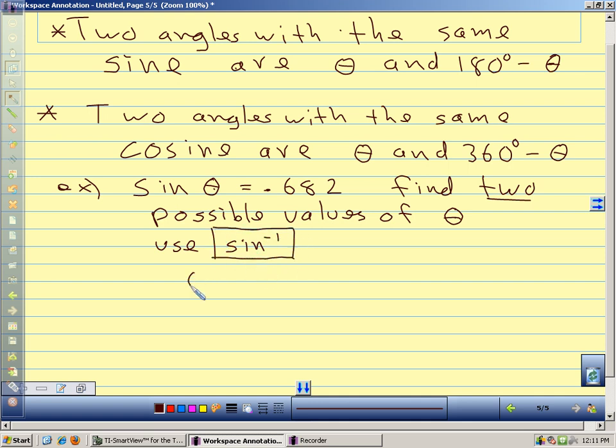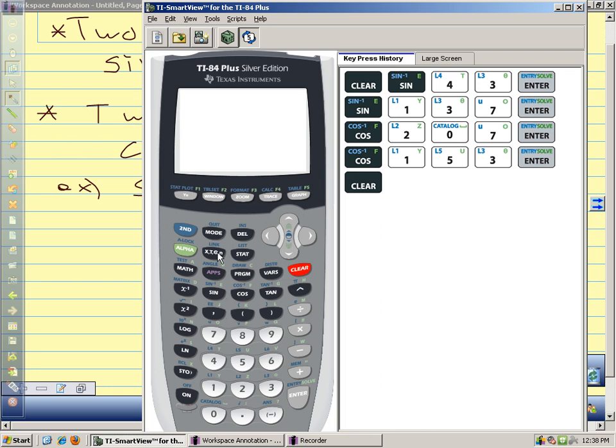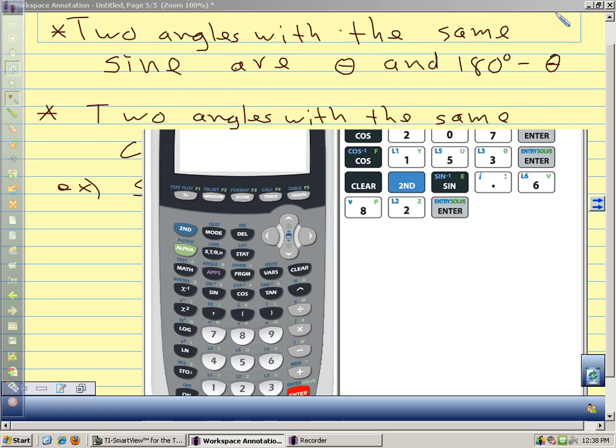So I'm going to say that theta is the inverse sine of 0.682. We plug that into my calculator. Clear that. We're going to do inverse sine of 0.682, and we get about 43 degrees. So let's go back to our problem.